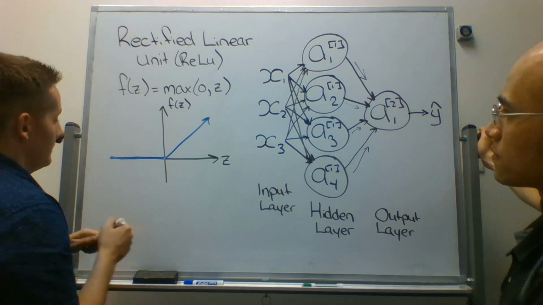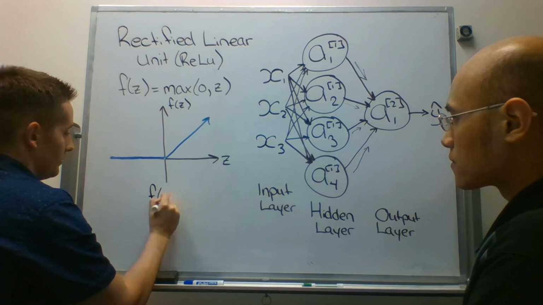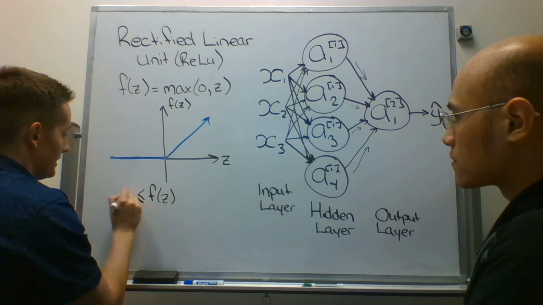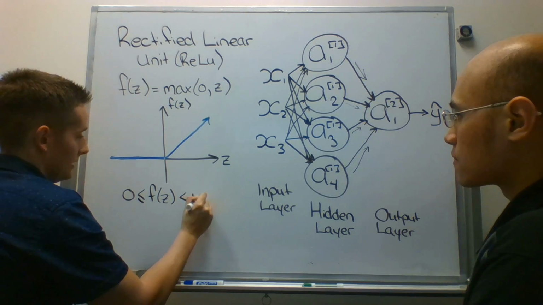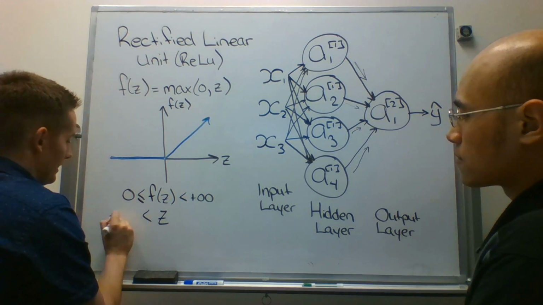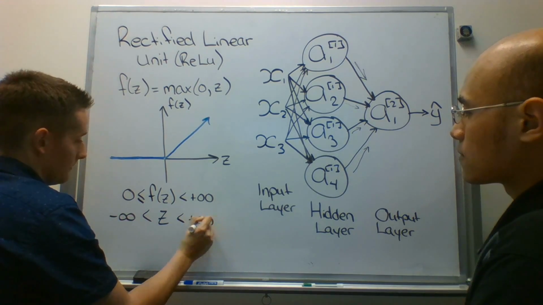Okay. So f of z itself is bounded by greater than or equal to 0 and less than positive infinity, as z is greater than negative infinity and less than positive infinity.